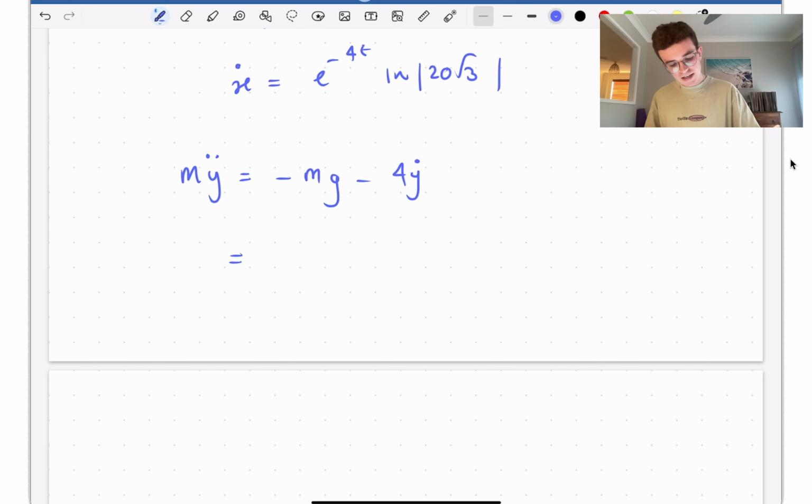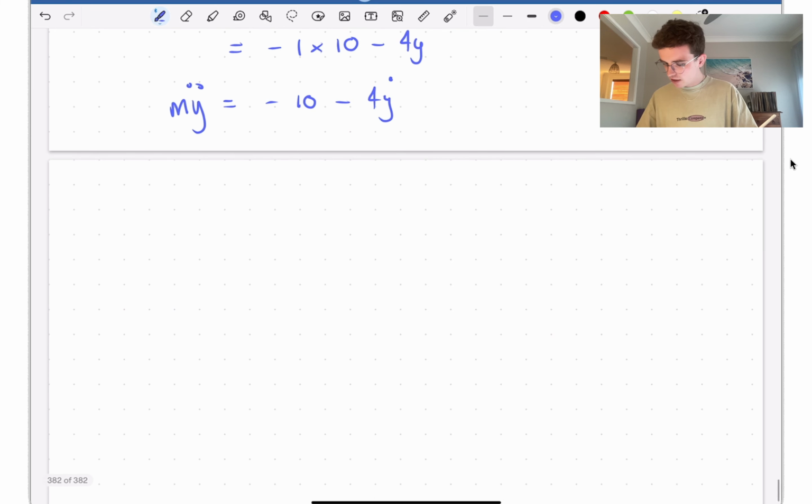Now we're told gravity is 10 and the weight of the particle is 1. So my double dot is equal to minus 10 minus 4y dot.